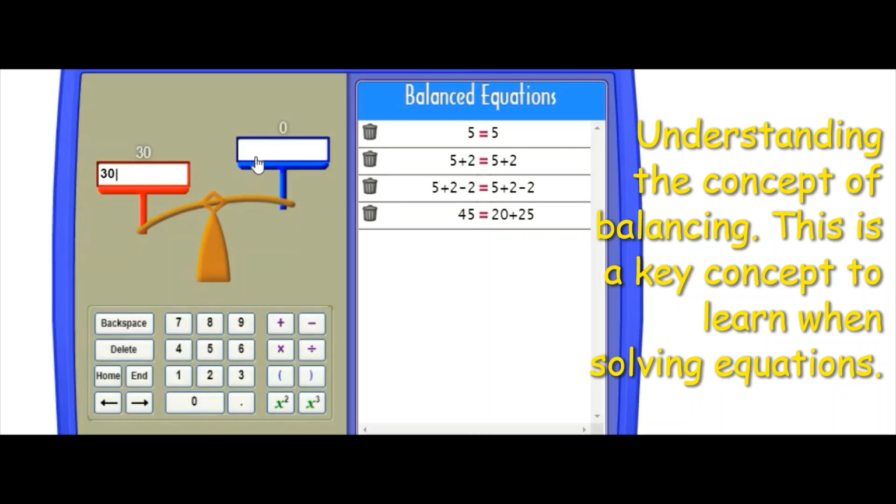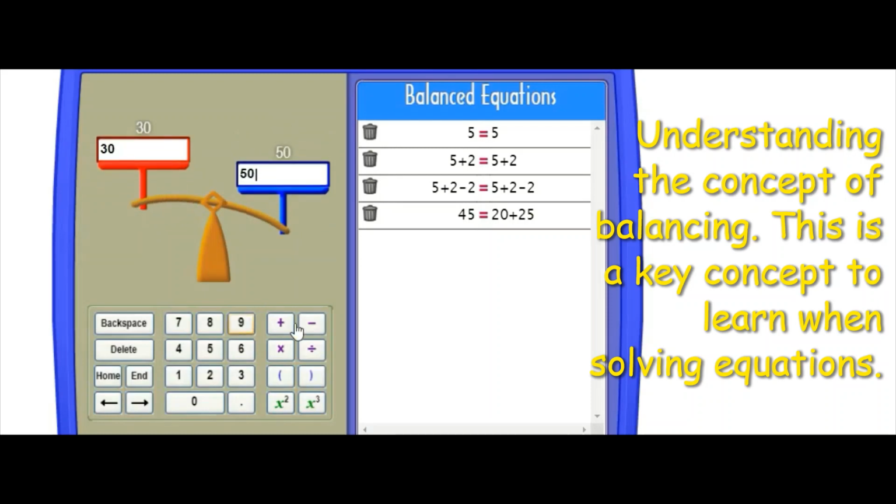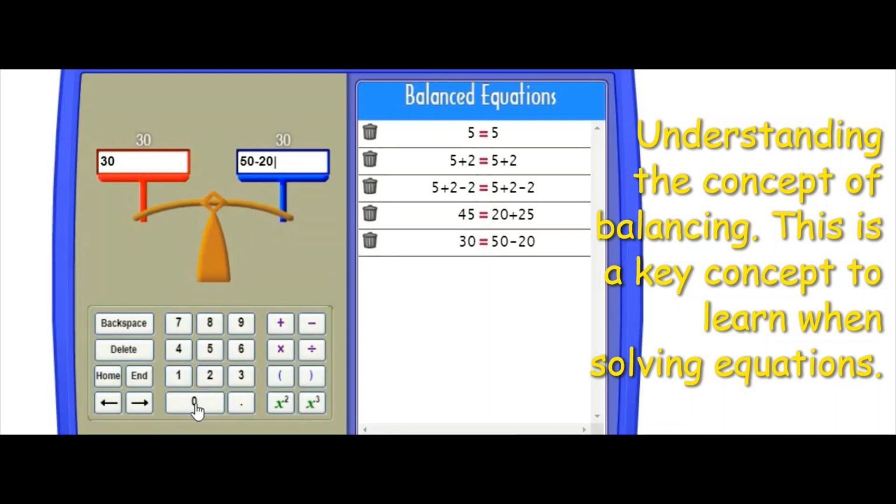So let's say on this side I am going to write 50 minus 20, and that should balance my scale. Yes, my scale is now balanced, as you can see, because 50 minus 20 is 30. So therefore, 30 is equal to 50 minus 20, right? And that's the idea of balancing.